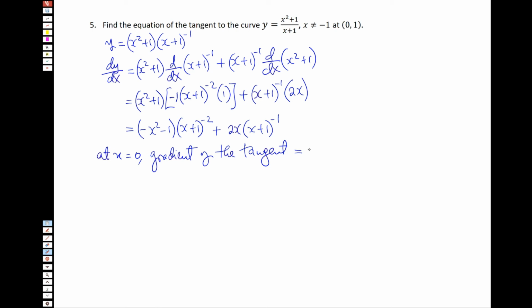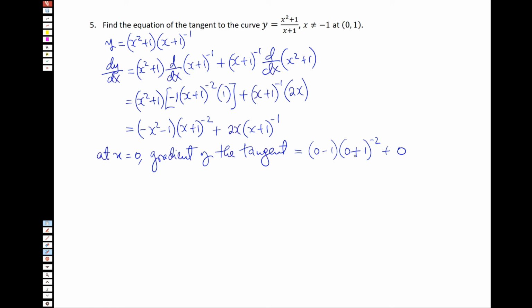So that will be 0 minus 1, times 0 plus 1 to the power negative 2, plus 0, because this is just 0 multiplied by everything will be 0.